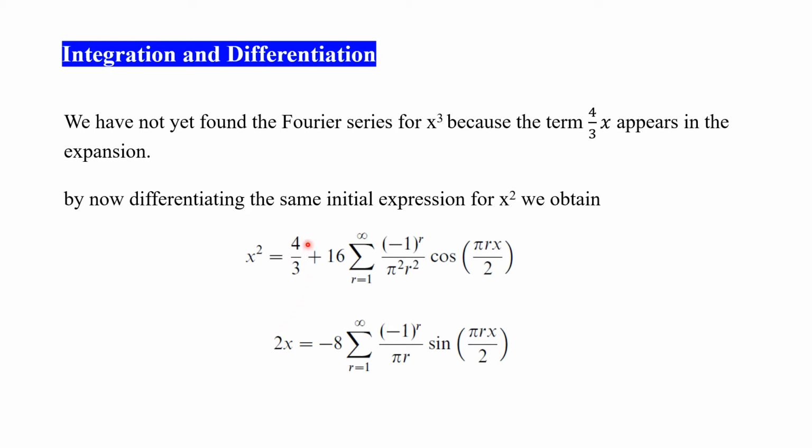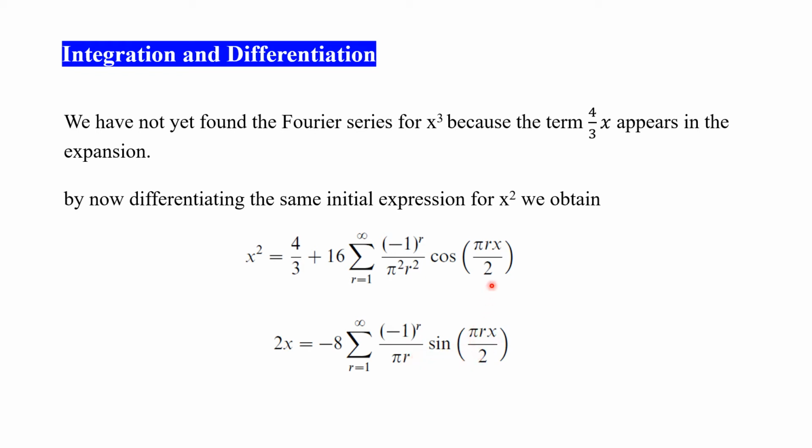The derivative of 4/3 is 0, since this is a constant, plus the derivative of the cosine of pi rx over 2, which is negative sine pi rx over 2 times the derivative of the argument. So we have negative 8 times the sum of (-1)^r over pi r sine pi rx over 2.